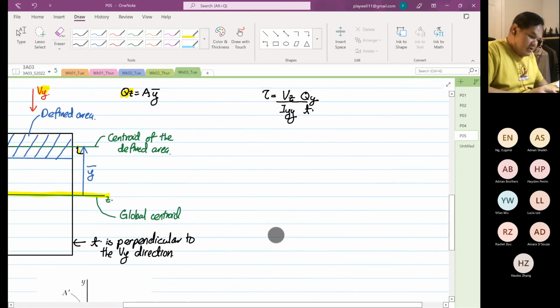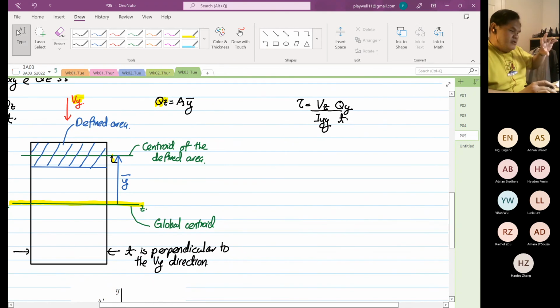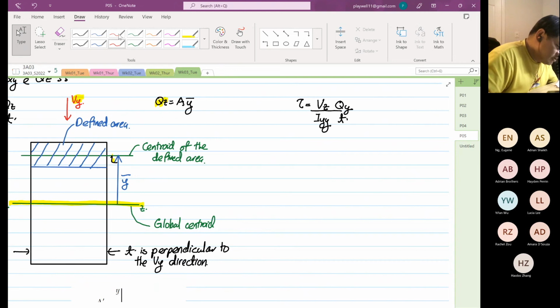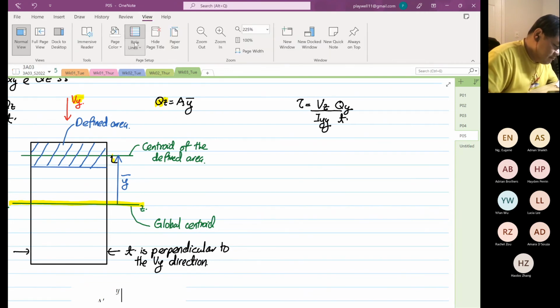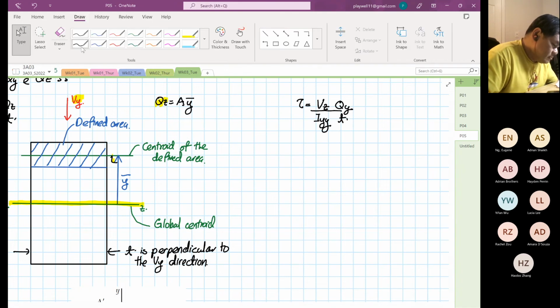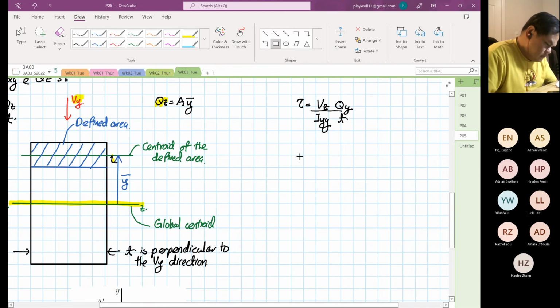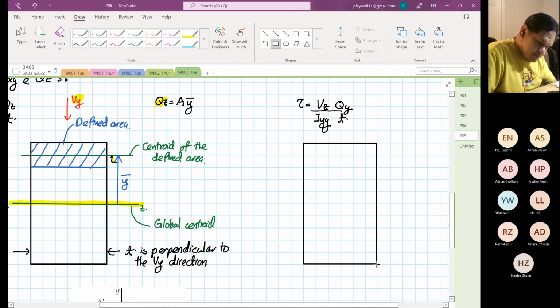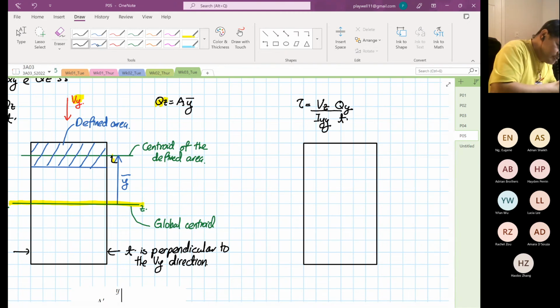Now everything has been turned around. The structure has not been rotated. The structure is still the same. So I'm going to have the same structure. Now this is our Vz direction.